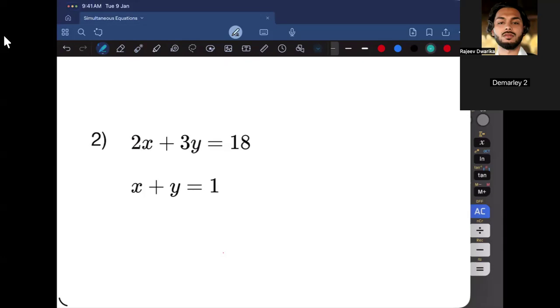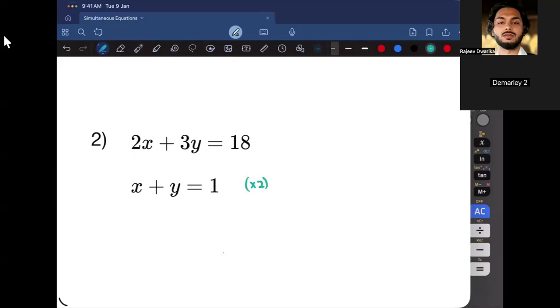So we get rid of x. So we got to multiply that by 3? If I multiply by 3, you're setting it up to get rid of y, not x. Oh, multiply by 2, sorry. Right.